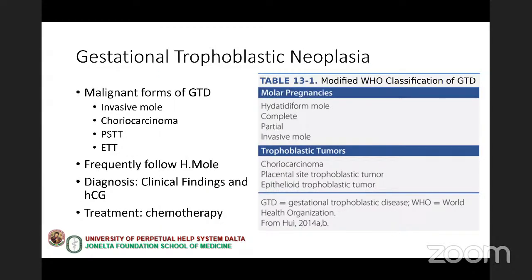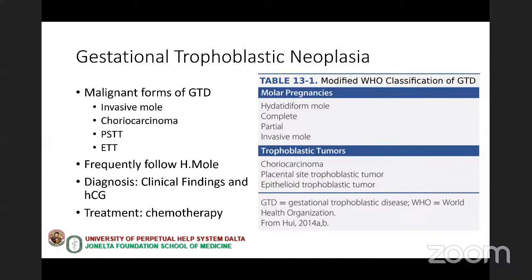So you have GTN, or this would be your malignant forms of GTD, which is comprised of your invasive mole, choriocarcinoma, your PSTT or placental site trophoblastic tumor, and your epithelioid trophoblastic tumor.